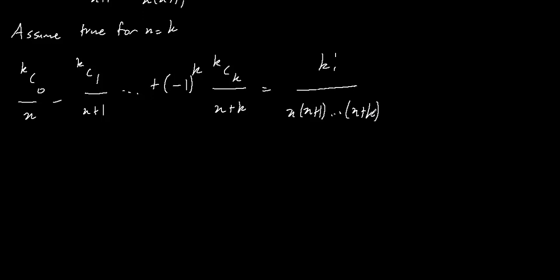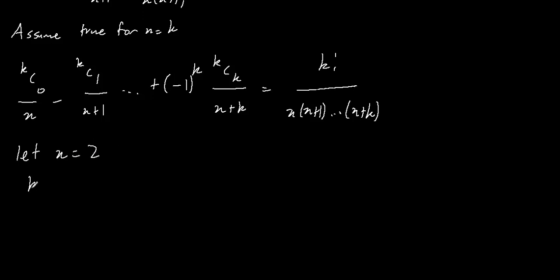As I was saying, we assume true for n equals k, and so this is my assumption. What I'm going to do from here is let x is equal to 2. I'm taking a specific case here for once.